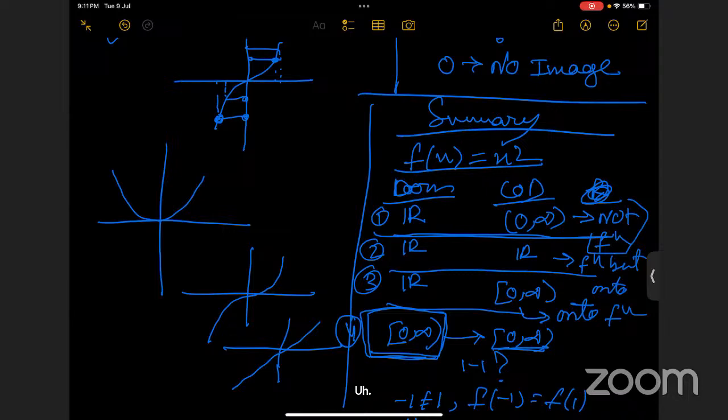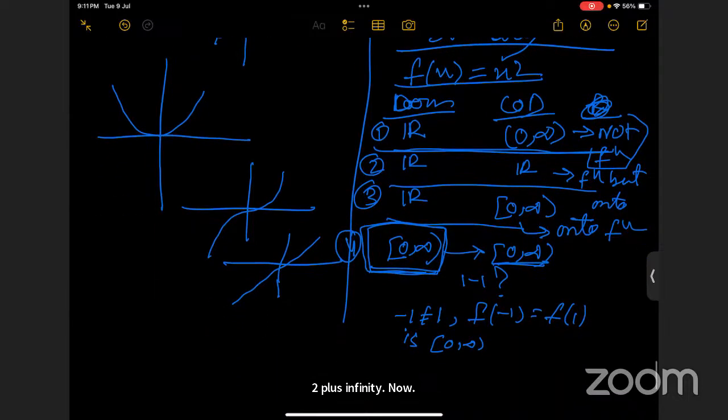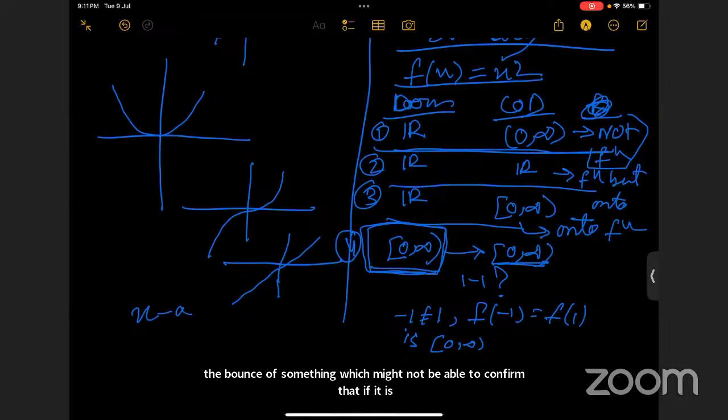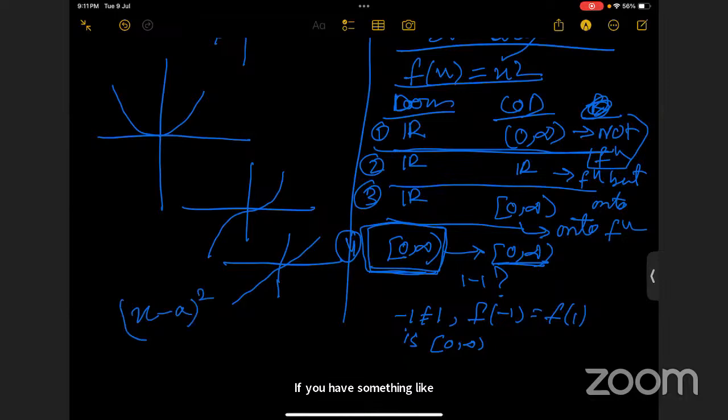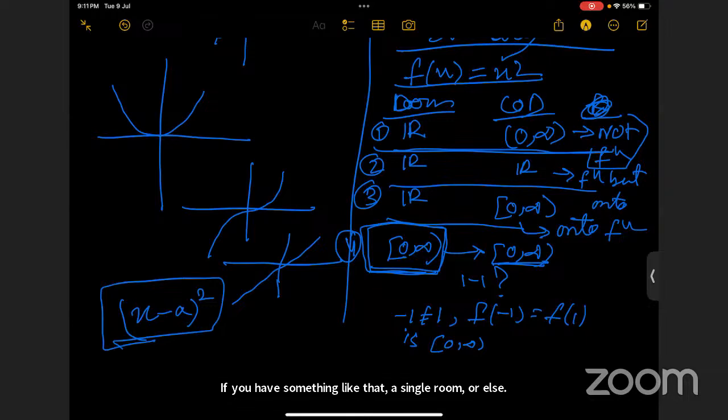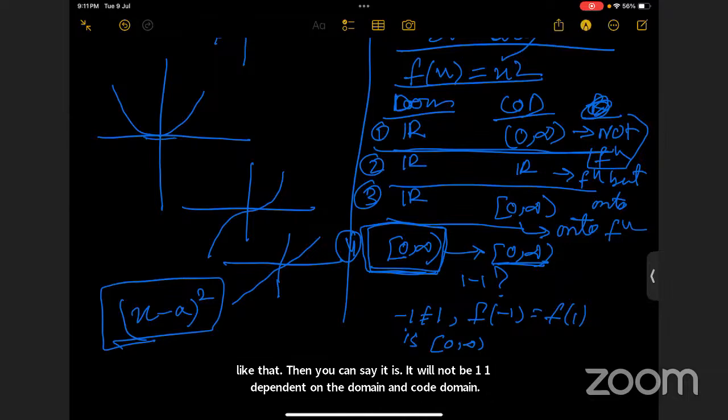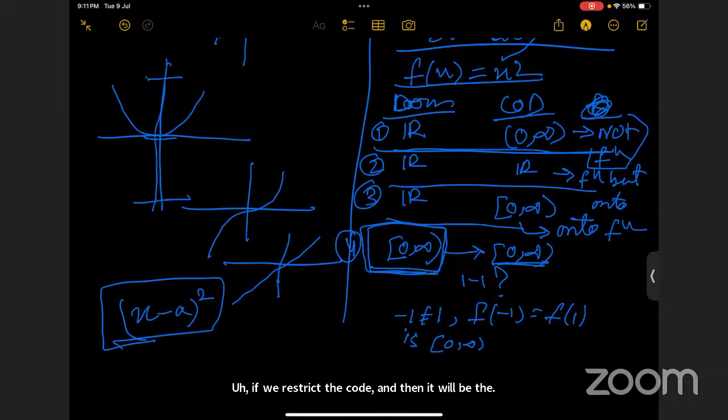But a polynomial will also have other roots which might cause a bounce, so we cannot confirm that it is one to one. If we restrict the codomain, then it will be onto. If we take all the points, it may not be onto.